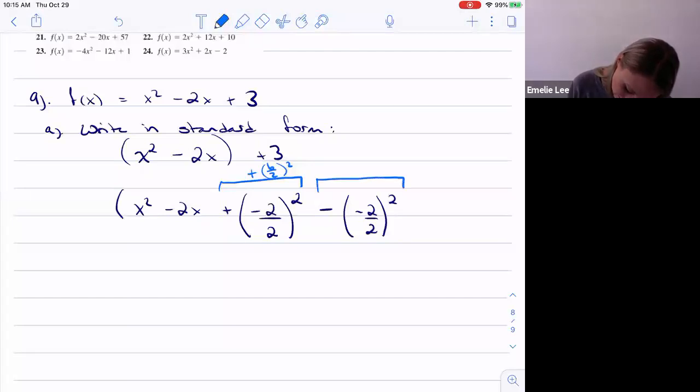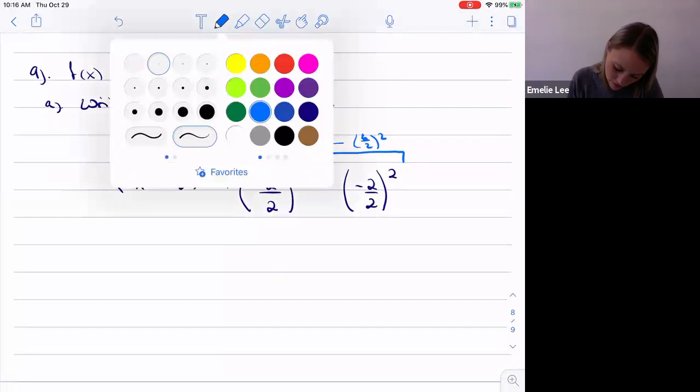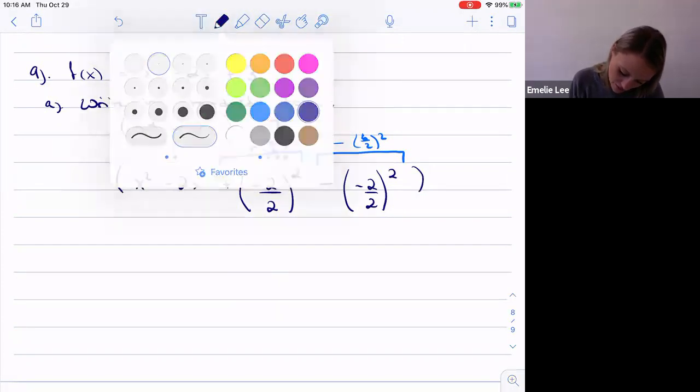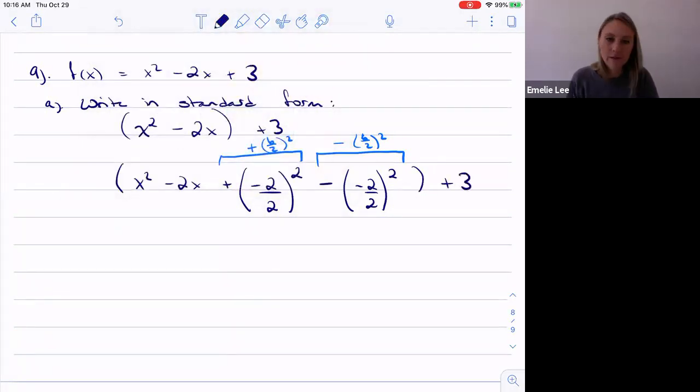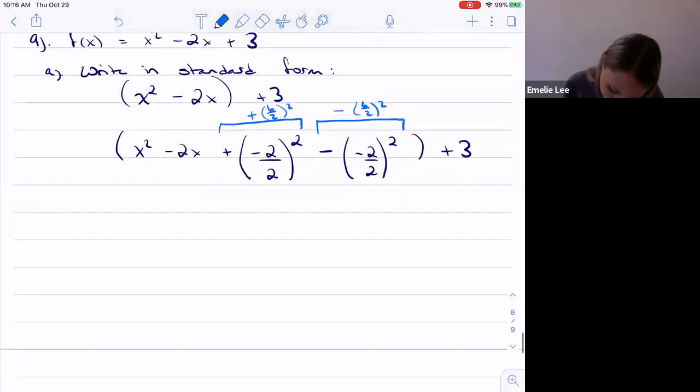Here, minus b over 2 squared. Then I'm going to put this bracket over here, and then don't forget about that plus 3. All right. So now I'm going to redistribute these brackets.